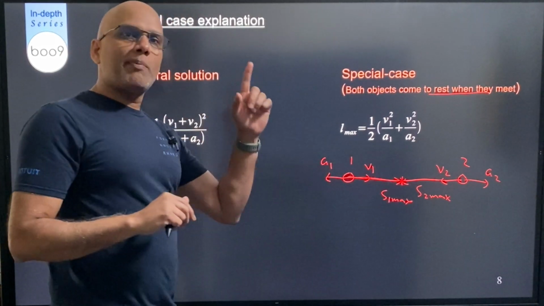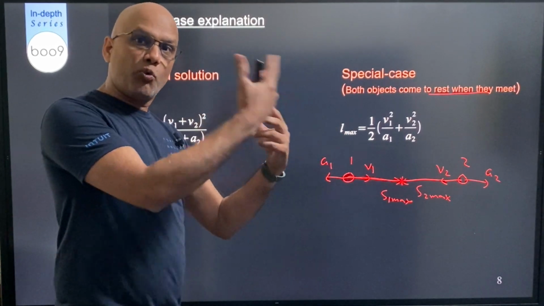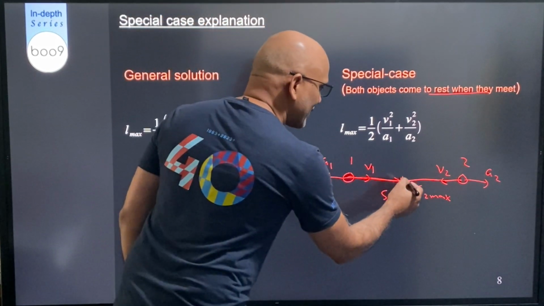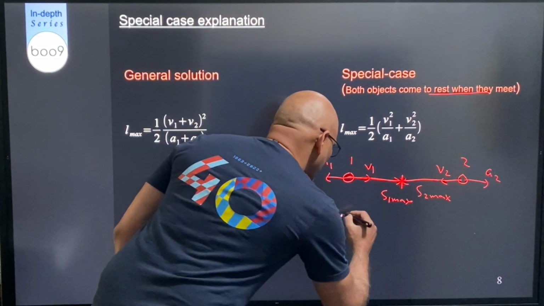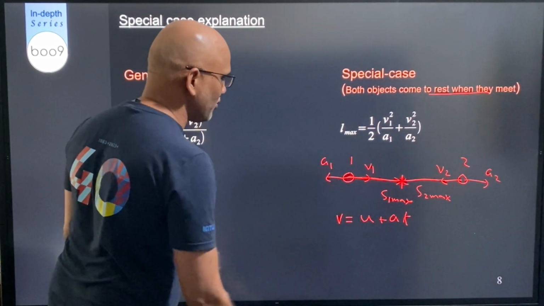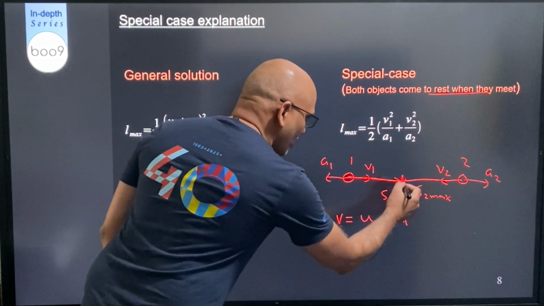And I used v square minus u square is equal to 2a dot s. There is no time in there, right? So we have to bring that time in. For them to meet at the same time, I can use v is equal to u plus at to find out the relationship. Now here they come to rest.